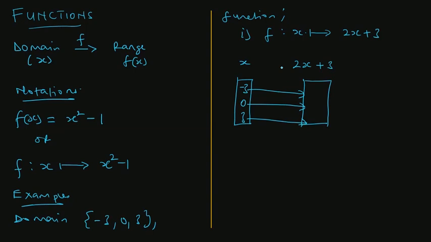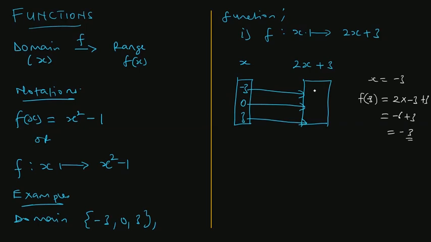So let's start. When x is -3, our function evaluated at -3 is 2 times -3 plus 3, which is -6 plus 3, giving you -3.